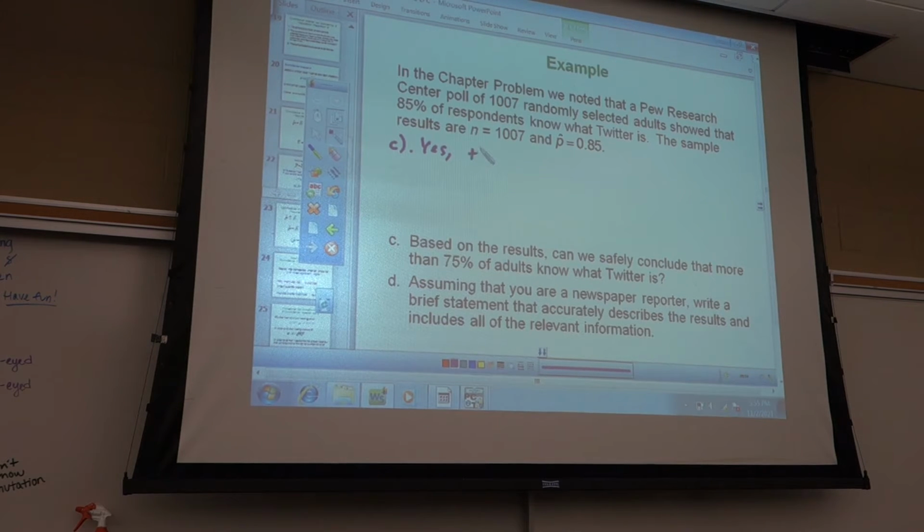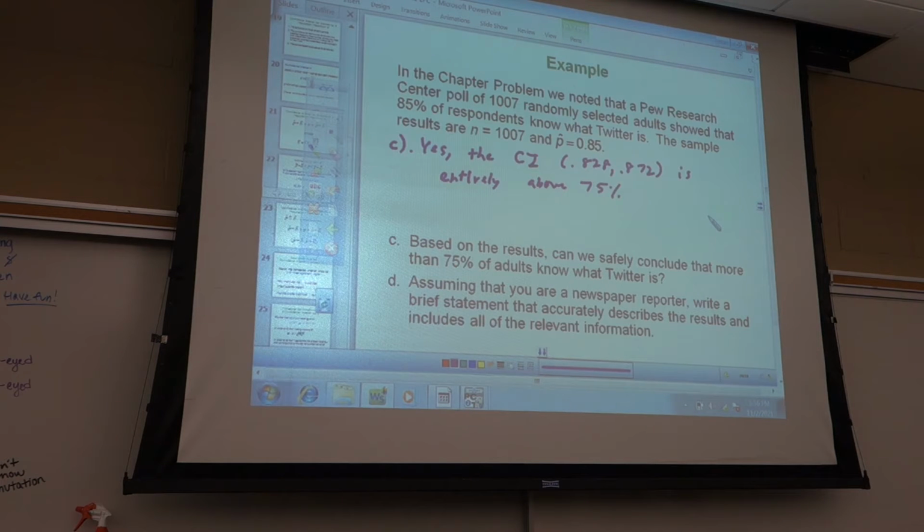The confidence interval, 0.828, comma 0.872, is entirely above 75%.